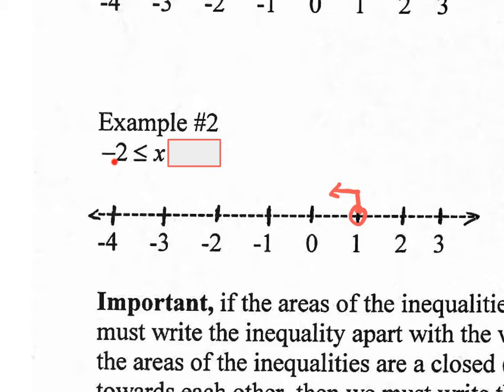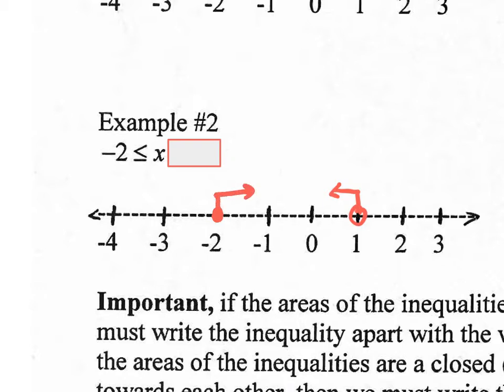Does that make sense? Even though this is a less than or equal to symbol, that's why I say always write the x on the left side. If you're reading it backwards, you have to say x is greater than or equal to -2. So go to -2, put a solid dot at -2, and greater than or equal to is going this way.